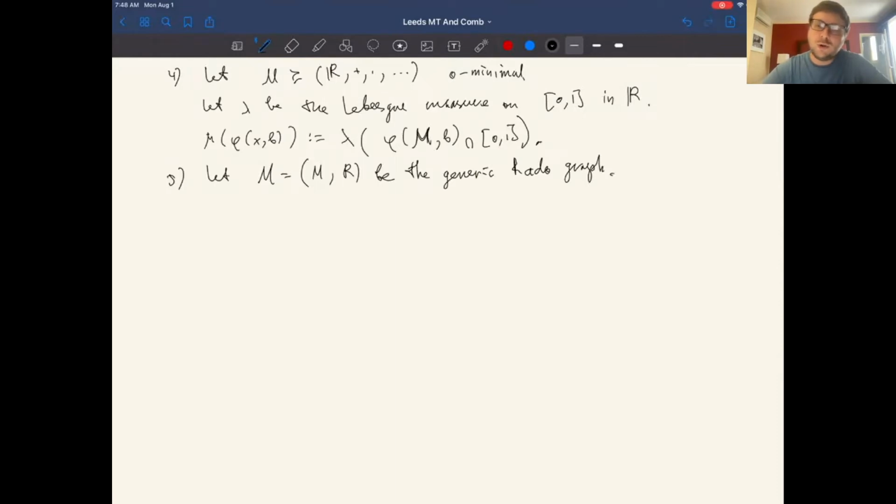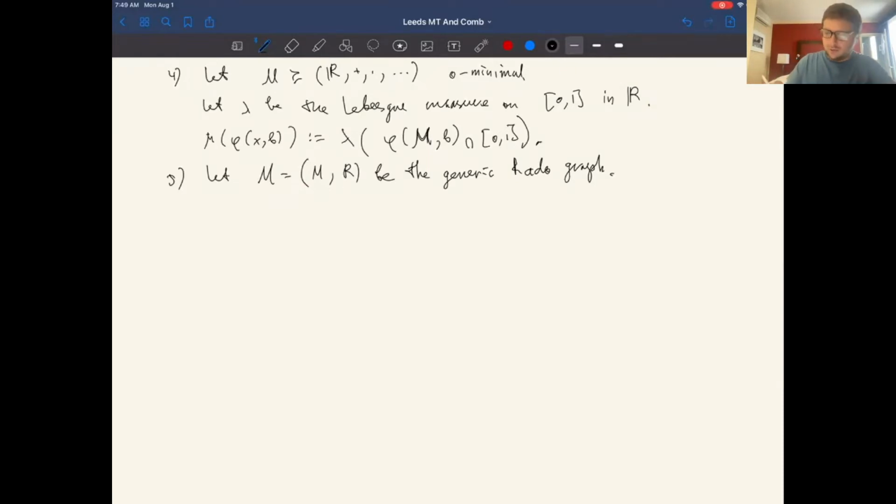For those familiar with the notion of Fraïssé limit, this is just the Fraïssé limit of all finite graphs. Otherwise, it's just a countable graph where, given any pair of vertices, you flip a coin with probability 1/2, and it decides.